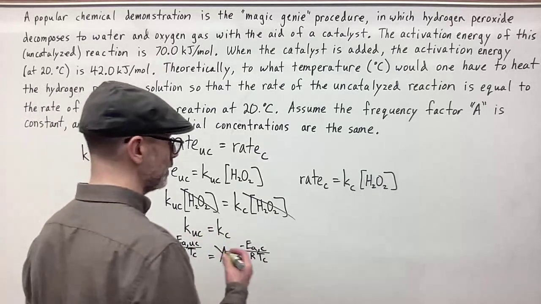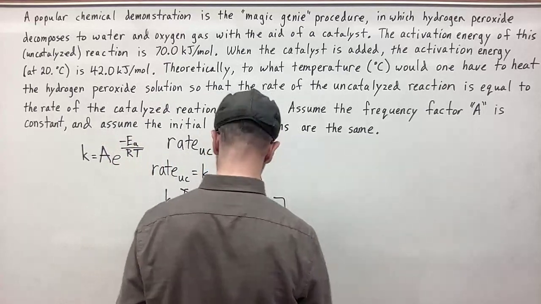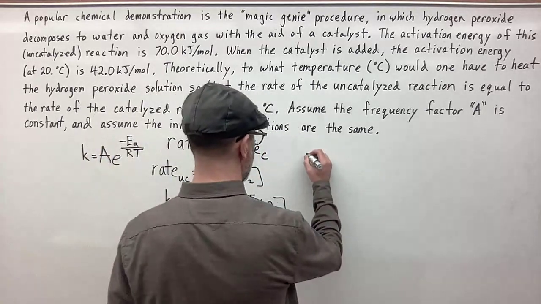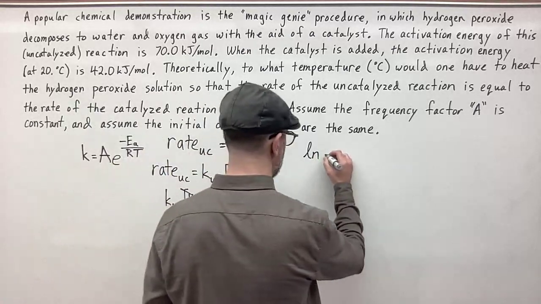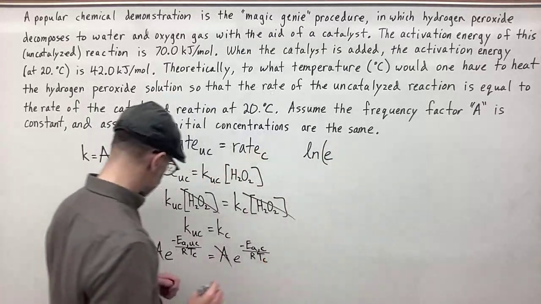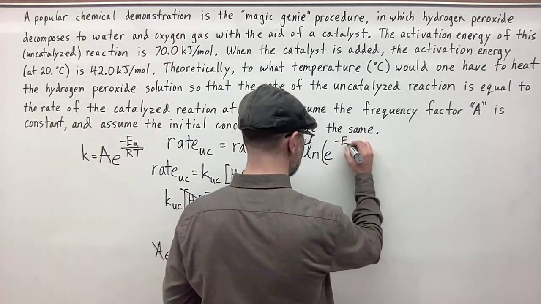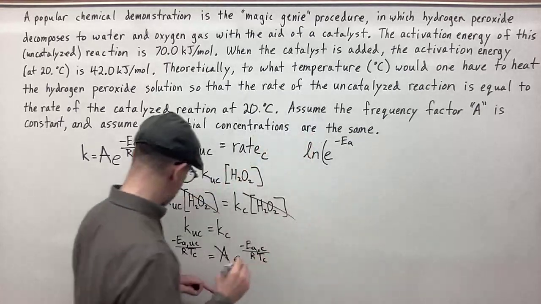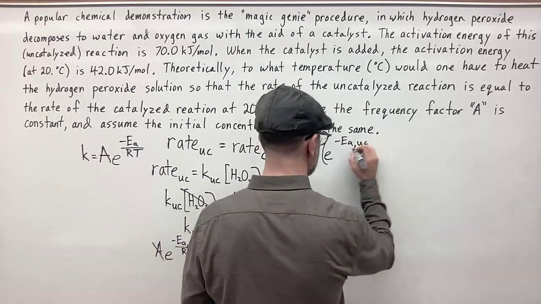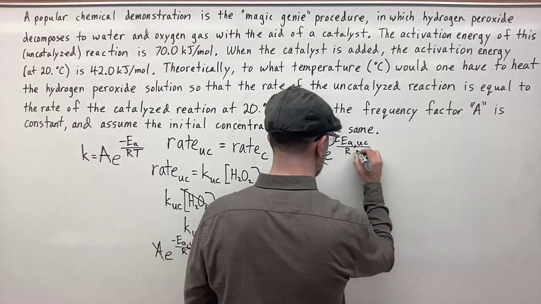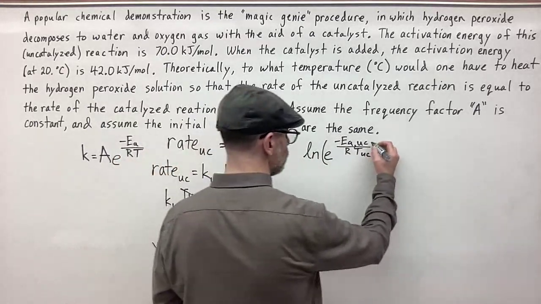So then let's set this up over here. Let me go ahead and erase this. We don't need that anymore. And so here we're going to take the natural log of this. So the natural log of e, we'll put that in parentheses, raised to the power of negative EA, and again, that's UC for uncatalyzed, divided by R times the temperature UC, the uncatalyzed temperature.